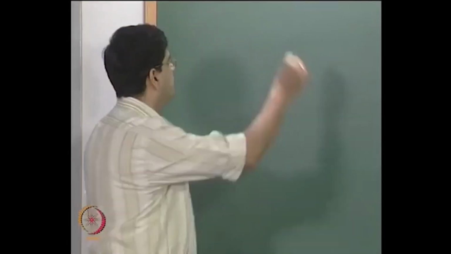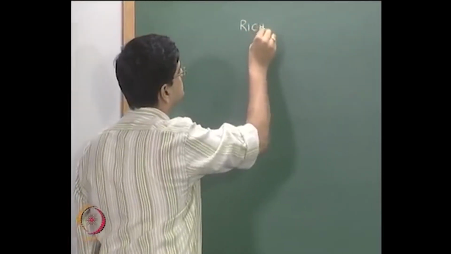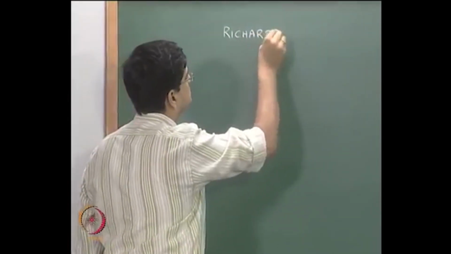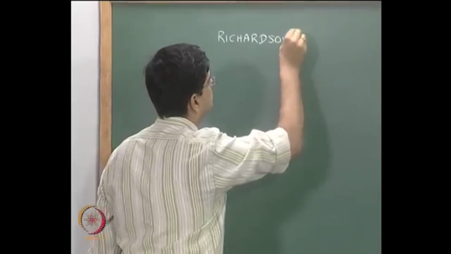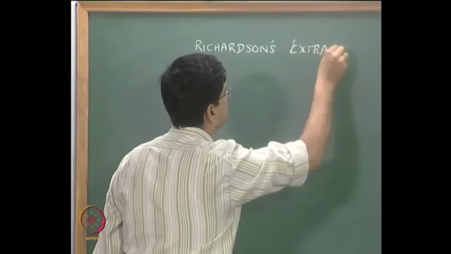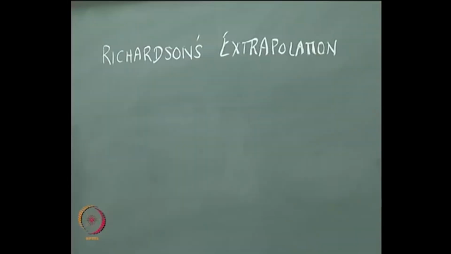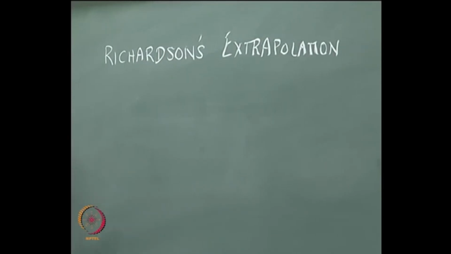So what we did in Richardson's extrapolation is, starting with time ti, we used one iteration of the Runge-Kutta method, or any method for that matter of our choice, and from ti we go to ti plus 1.